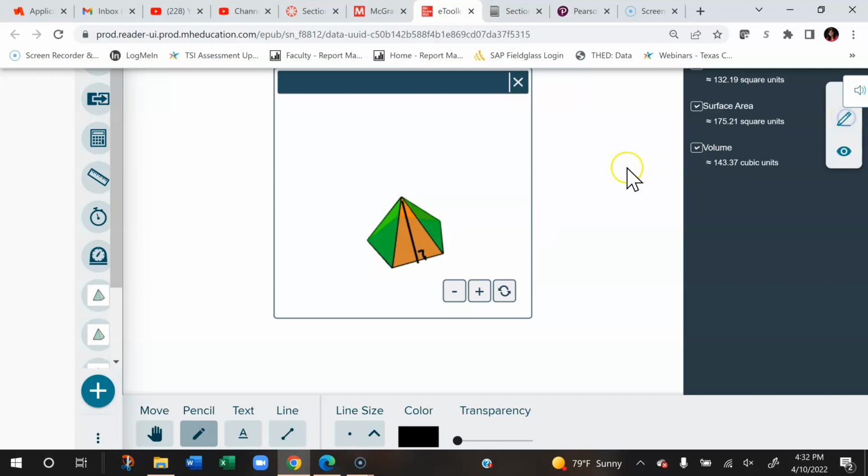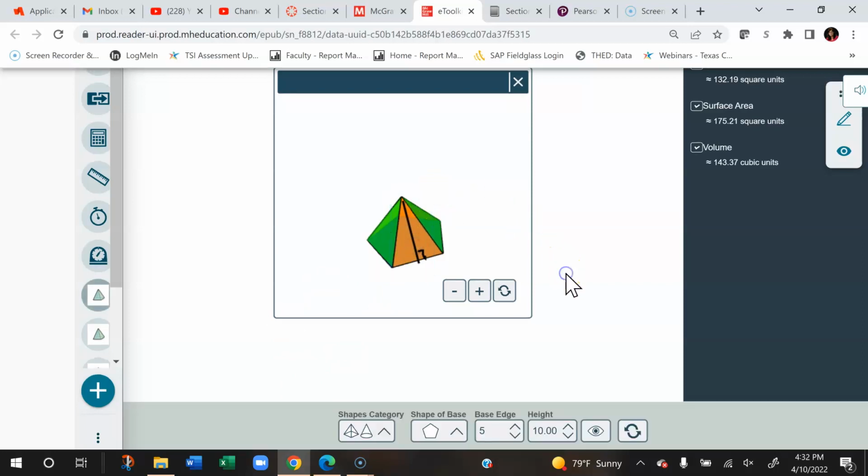So if I kind of rotate this, that right there along that area is my slant height.